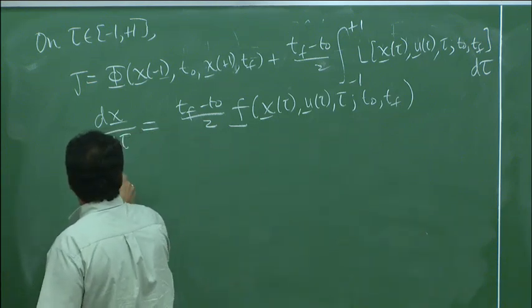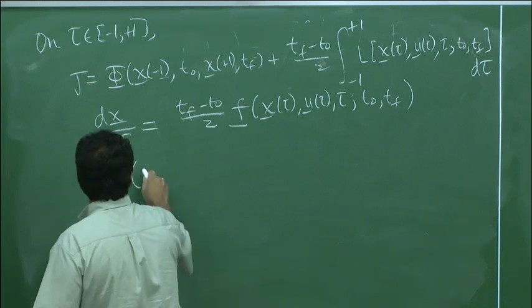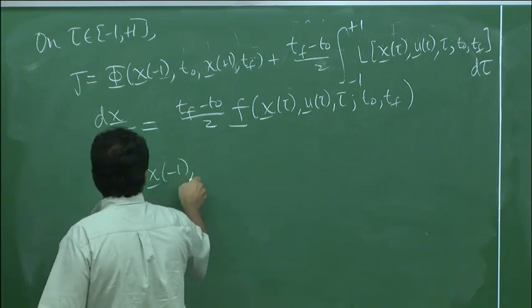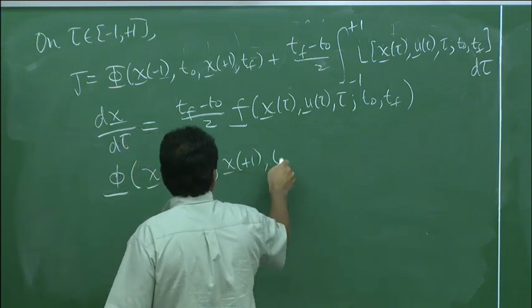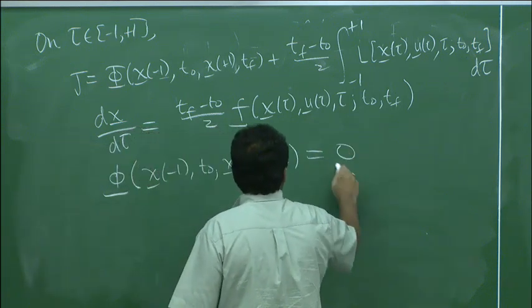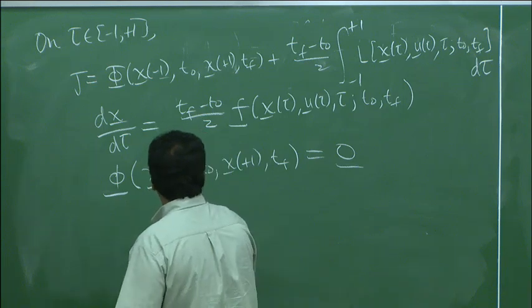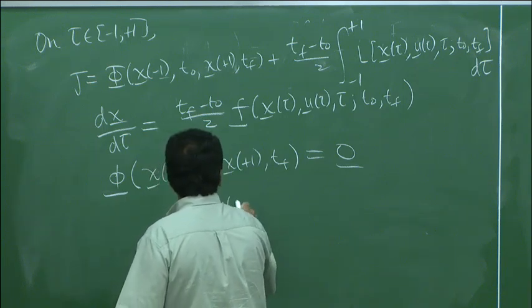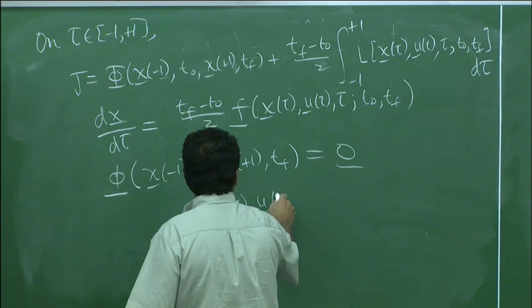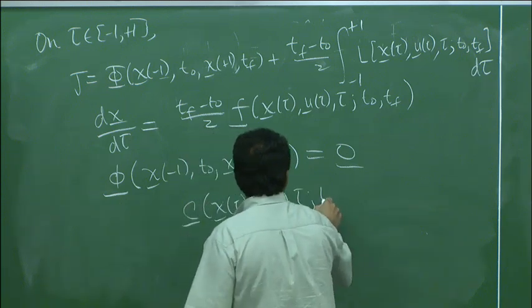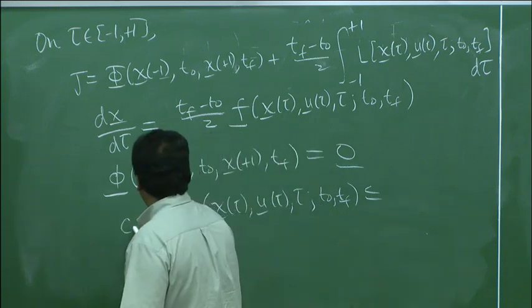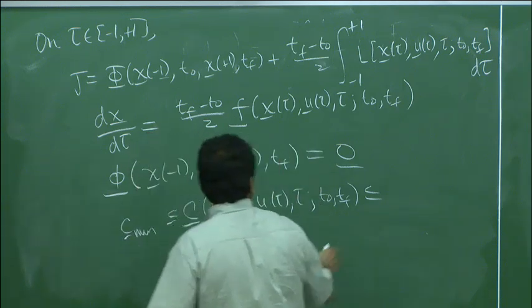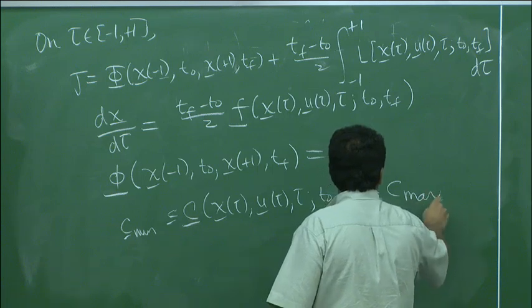I've got the boundary conditions, phi, which are now a function of x of negative 1, t0, x of plus 1, tf. That has to equal 0. And then my path constraint becomes c of x of tau, u of tau, tau, t0, and tf are between c min and c max.